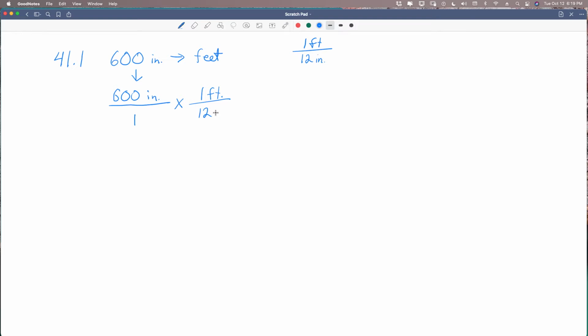If we write our unit of measure in the fraction, then we treat it like a variable, and we can cancel it out as a factor. Now we are left with 600 times 1. So 600 times 1 is 600. And then we have 12 underneath. And our unit of measure that remains is feet.